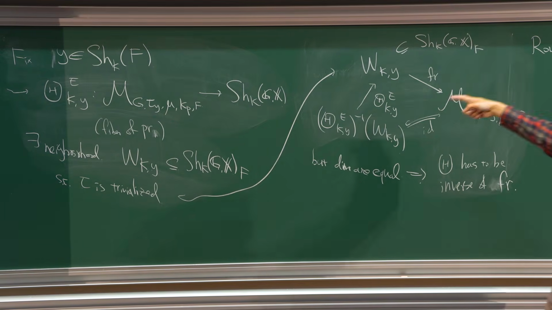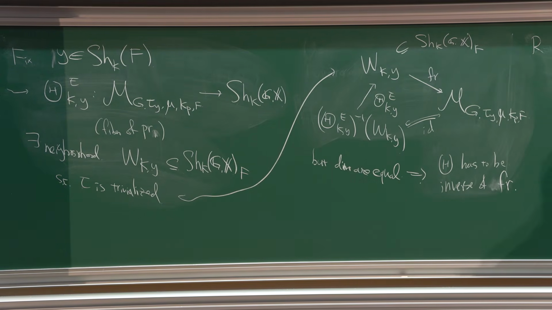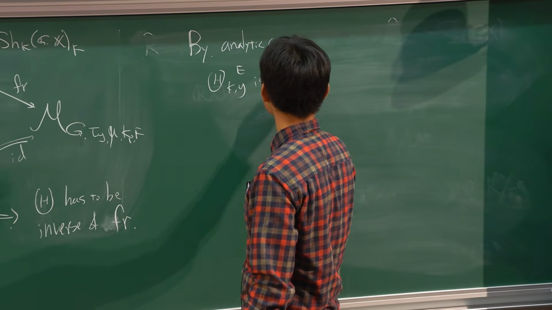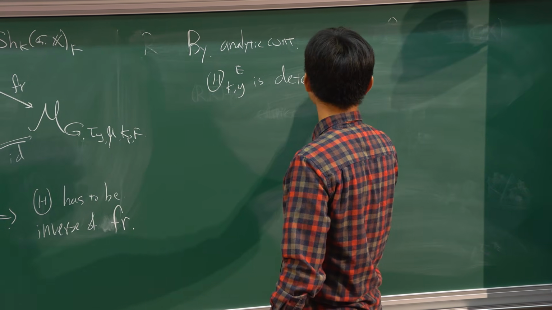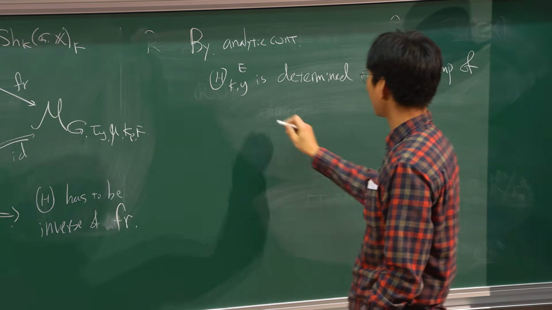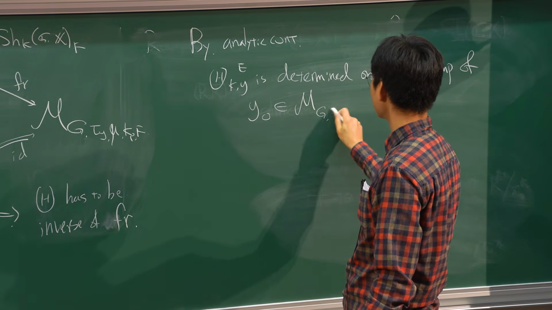So, in short, theta is uniquely determined on a small open neighborhood of y, and by analytic continuation theta is determined on the connected component of y, I guess y_0, inside the base point of this local Shimura variety.